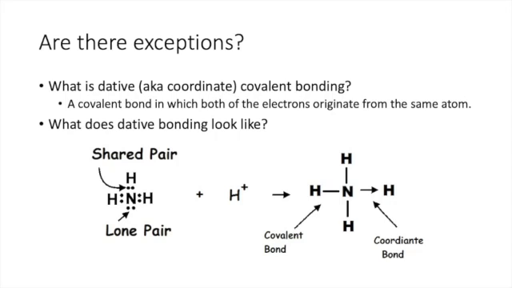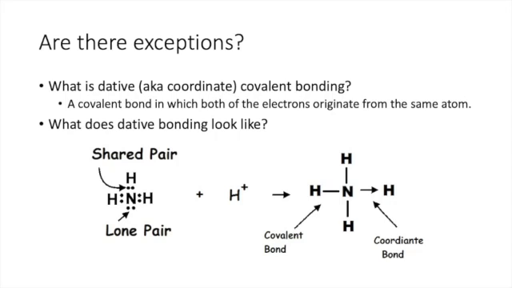And so I think that the best way to look at this is through an example, because the definition makes it seem kind of confusing, and I find that looking at the reaction that shows this is super helpful. And so you see in the diagram below, we have an ammonia molecule, NH3, that has 3 single covalent bonds between the hydrogens and the nitrogen atom, and 1 lone pair of electrons.